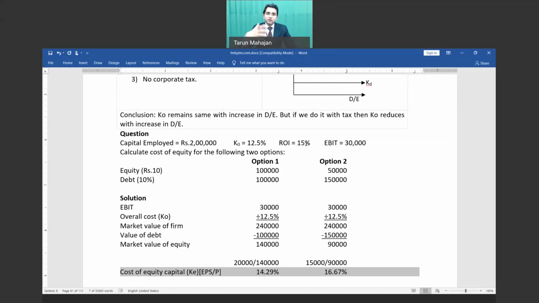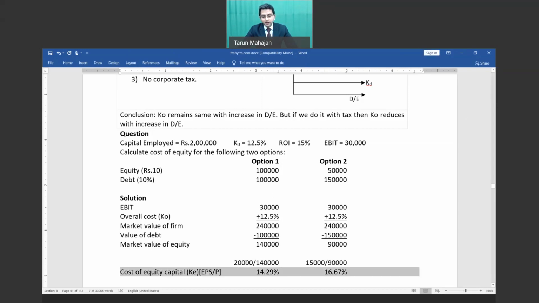This calculation method is reversed, so it's kind of weird, but the logic is solid behind it. When you borrow money, your risk increases and therefore cost of equity also increases. And therefore overall cost of capital is expected to remain same.